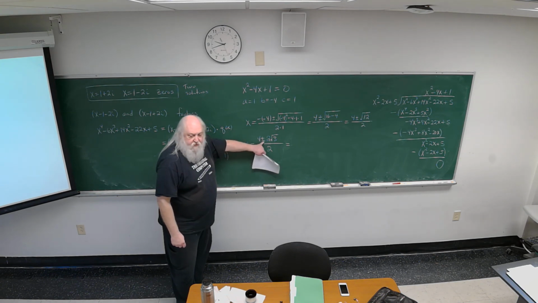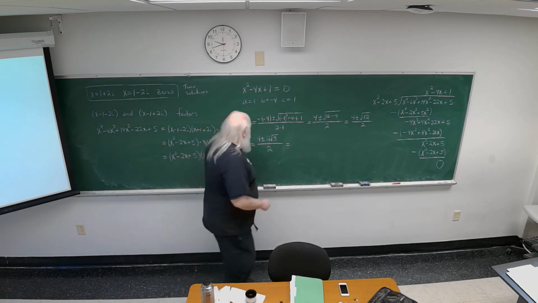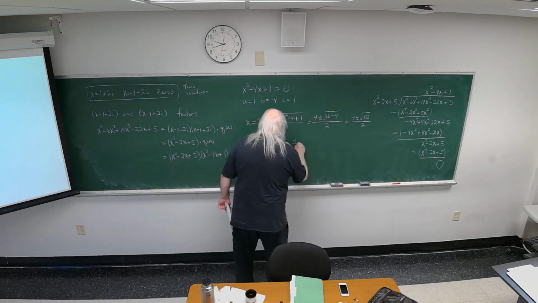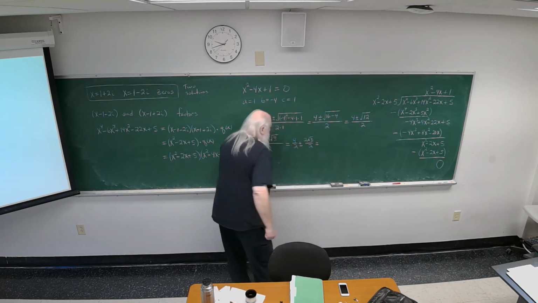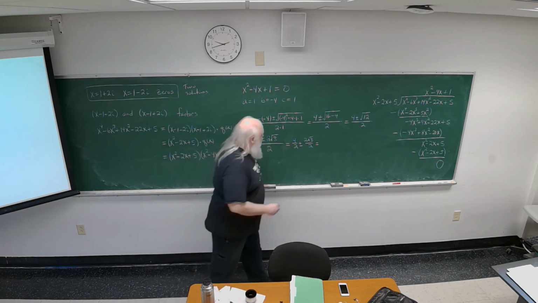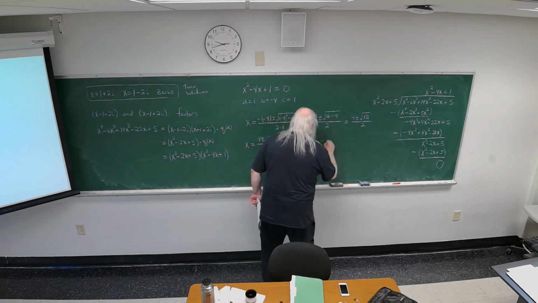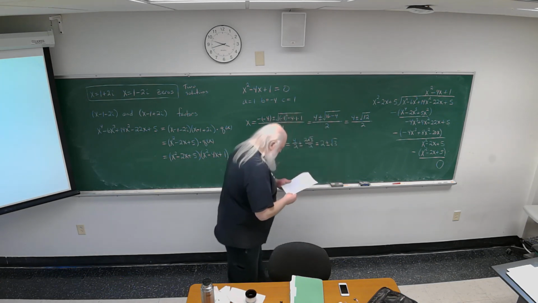Division does not do addition and subtraction, so both those terms got to be divided by 2. So we have 4 over 2 plus or minus 2 root 3 over 2. 4 over 2 is 2. 2's cancel in the second fraction, and we're left with the square root of 3.